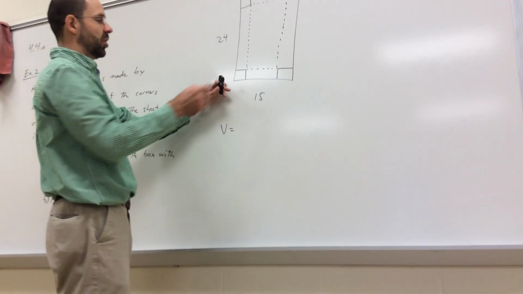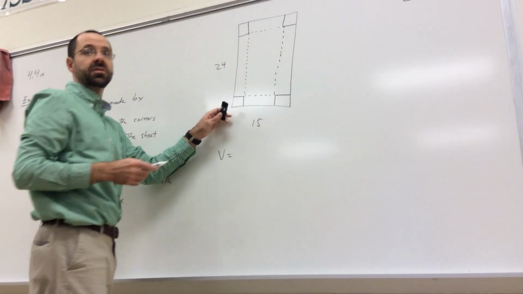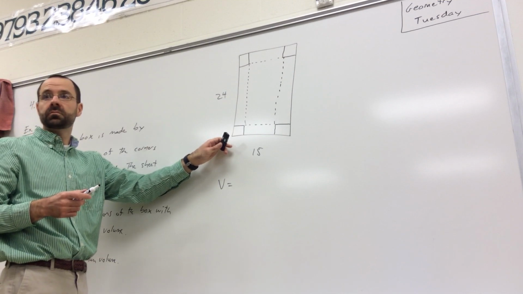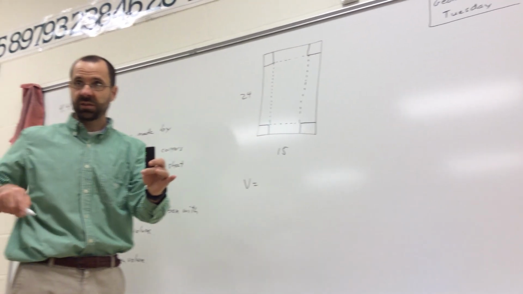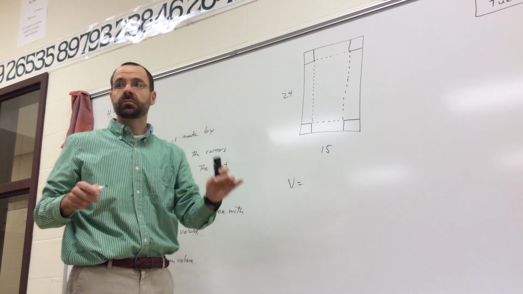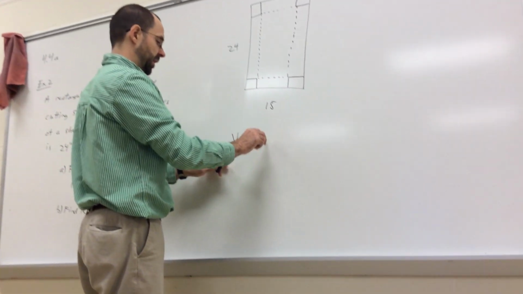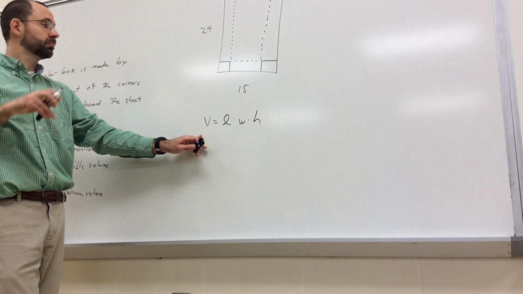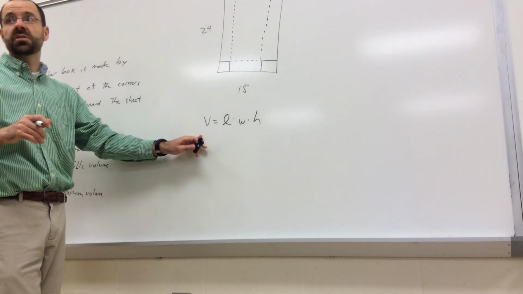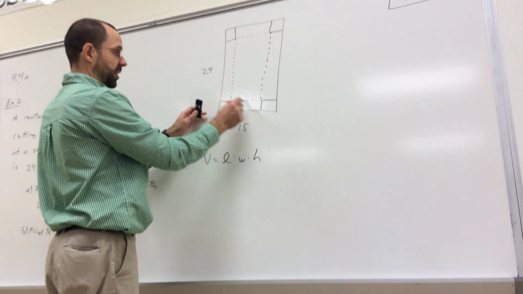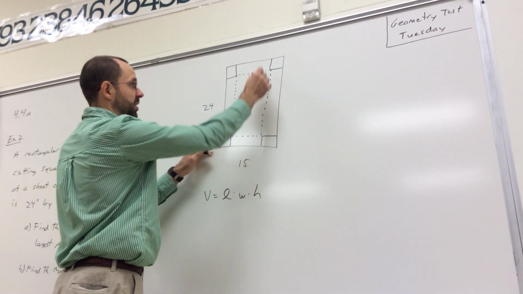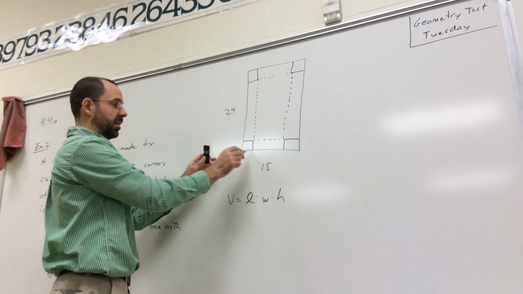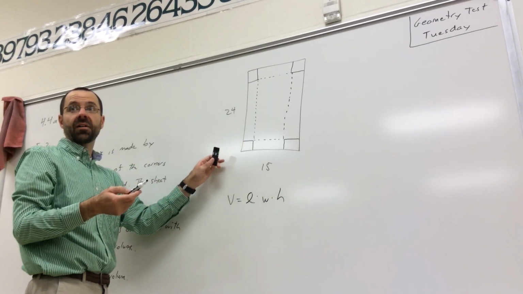So how do you figure out the volume of a rectangular box? It's length times width times height, right? So that means I need to take this side times this side. What we don't know is how big the square is that we cut out.